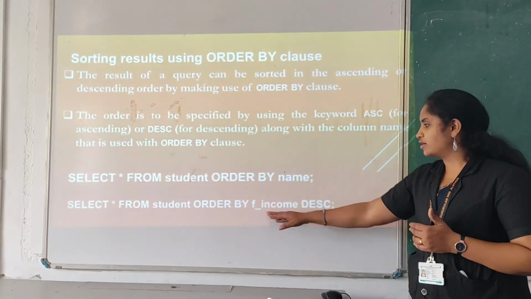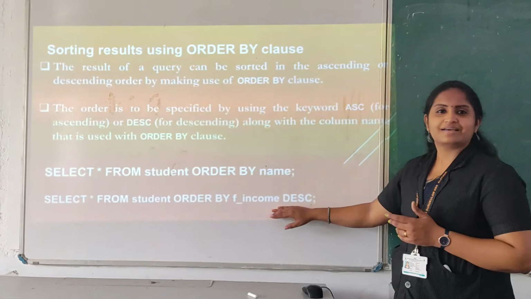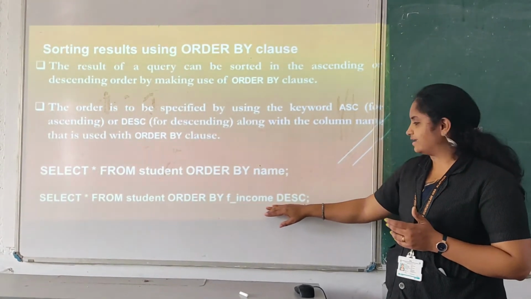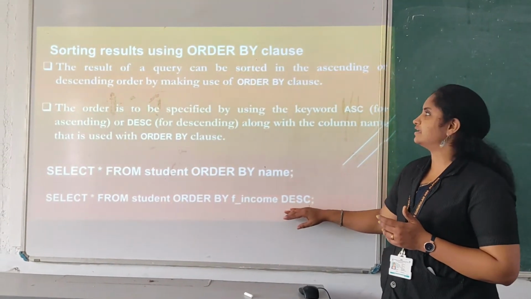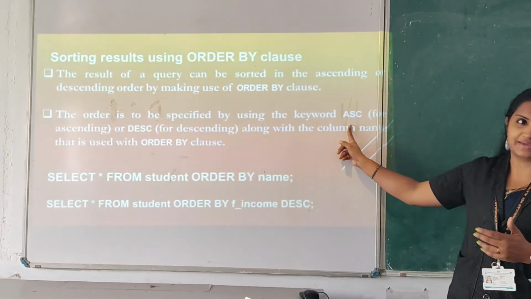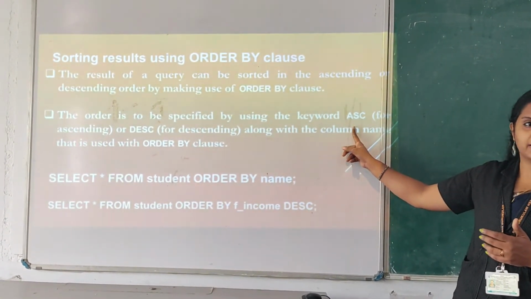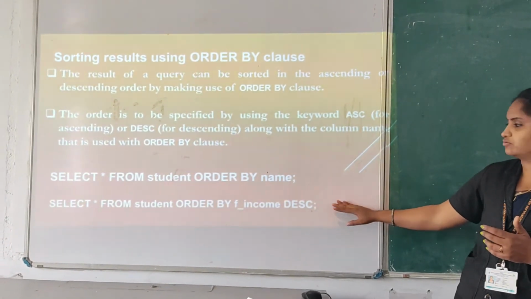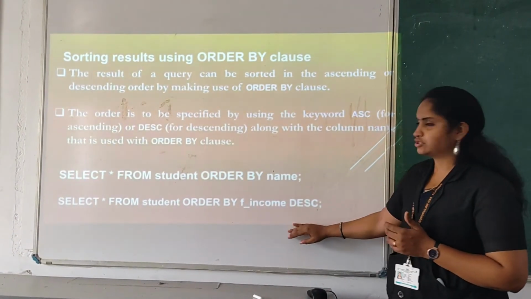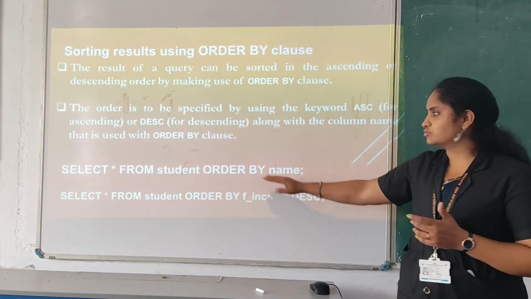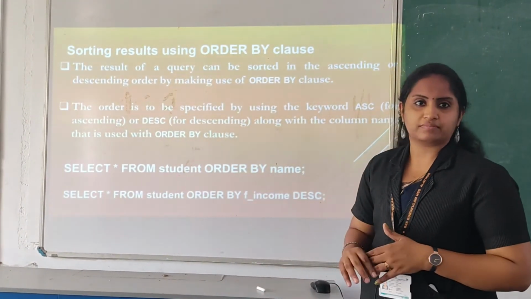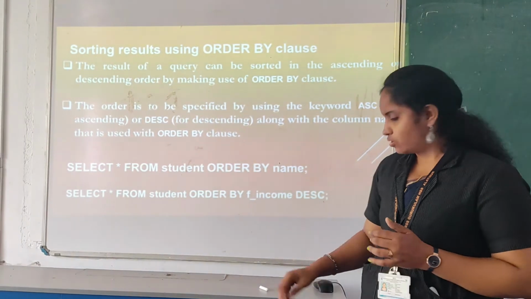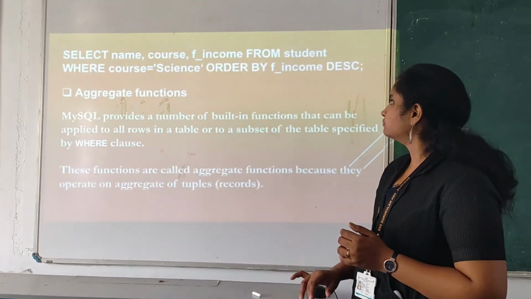Here also order by family income, here it is descending, that is DESC. If it is ascending, we use ASC. So according to the sorting type you can display the content using ascending or descending. You use the keyword ORDER BY, that is the command.